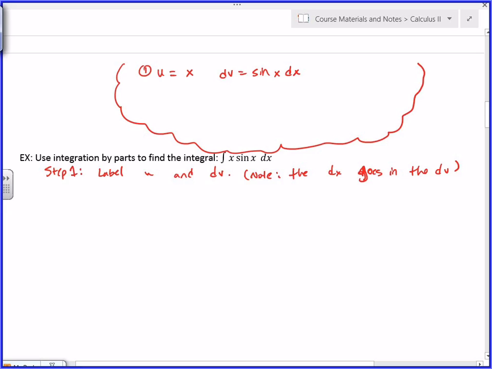That's one choice, because now that integral is the integral of u dv, the integral of x sine of x dx. You could also do u is sine of x and dv is x dx. That still makes the integral the same thing as integral u dv, because if you take sine of x times x dx, you've still got x sine of x dx.